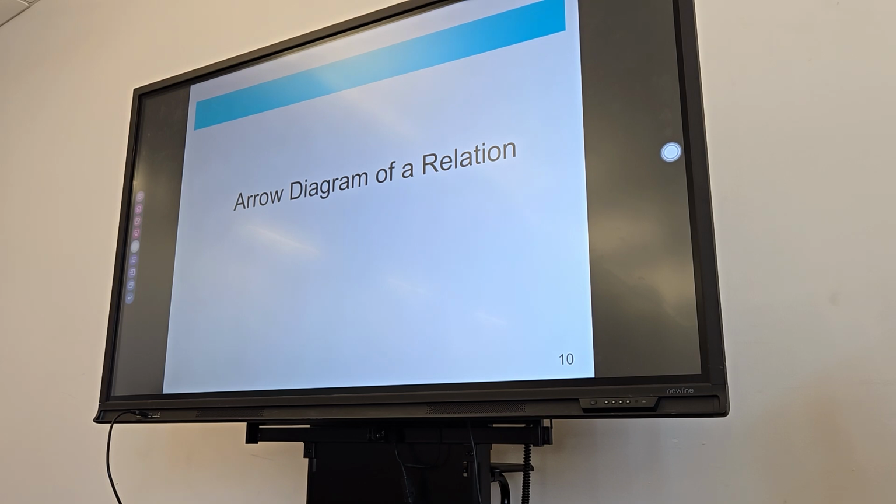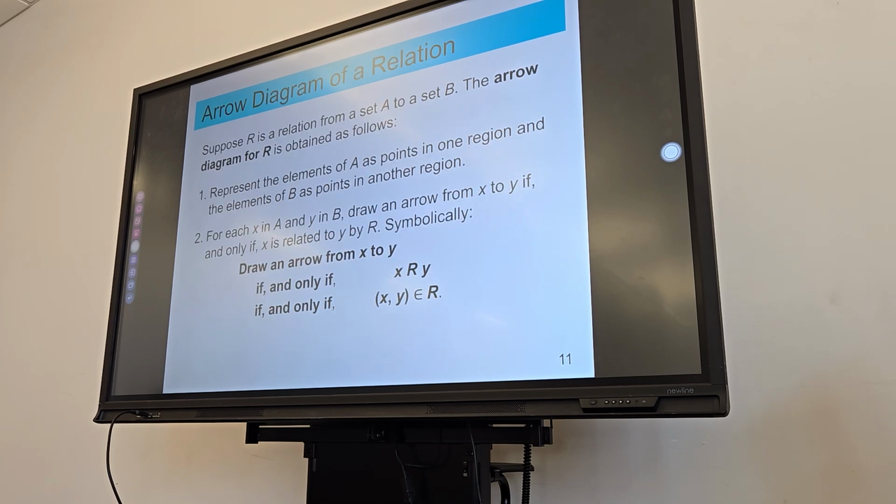Now the arrow diagram of a relation is a way of representing a relation between two sets graphically.